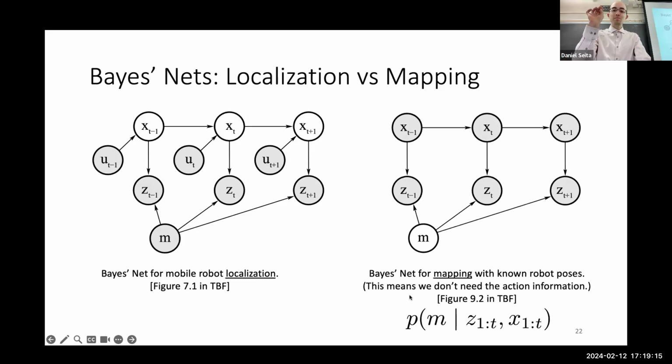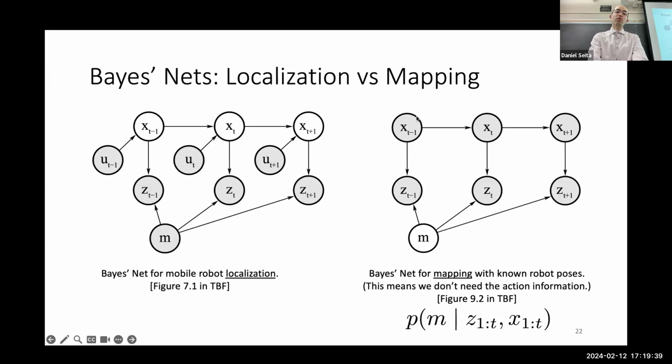So what's happening here is, again, I kind of made a trick assumption, like I wasn't clear about what we were assuming or not. If we assume that we know the robot poses, then our Bayes net could look like this, and we don't even need the control. Why is that?